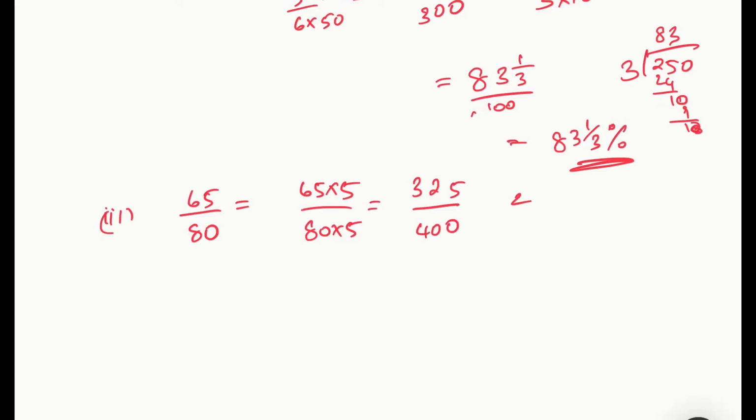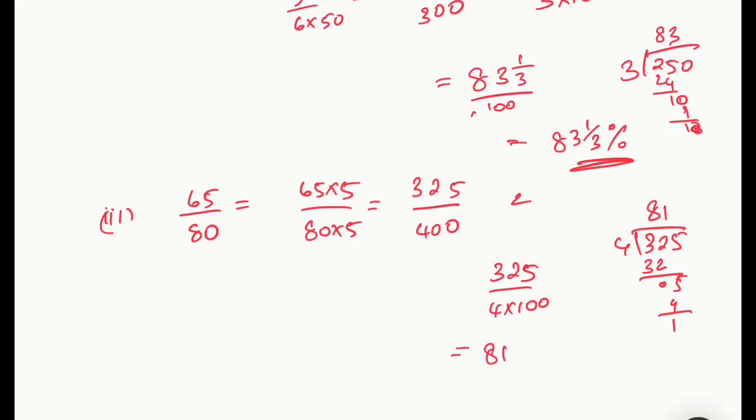So 325 divided by 4 into 100. 325 divided by 4: 8 fours are 32, 0, 5 goes one time, remainder 1. So I get the answer 81 1 by 4 percentage. Hope it's getting clear to you all.